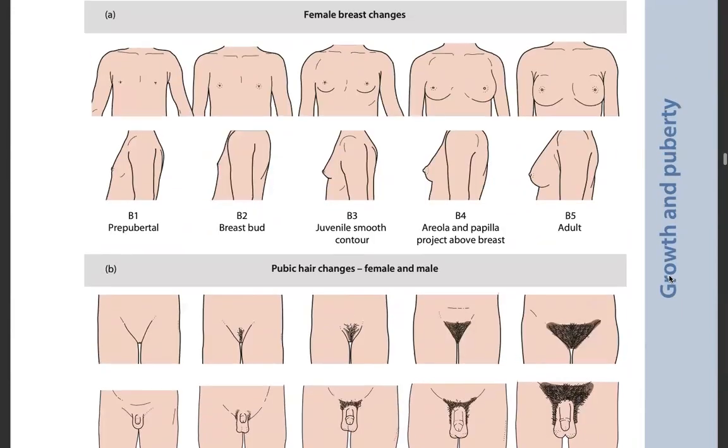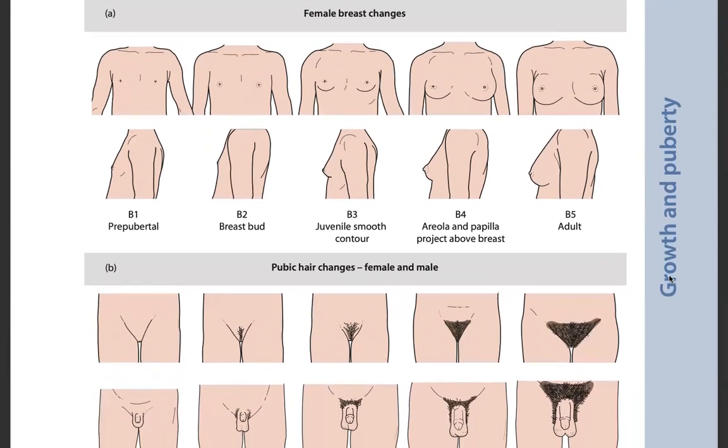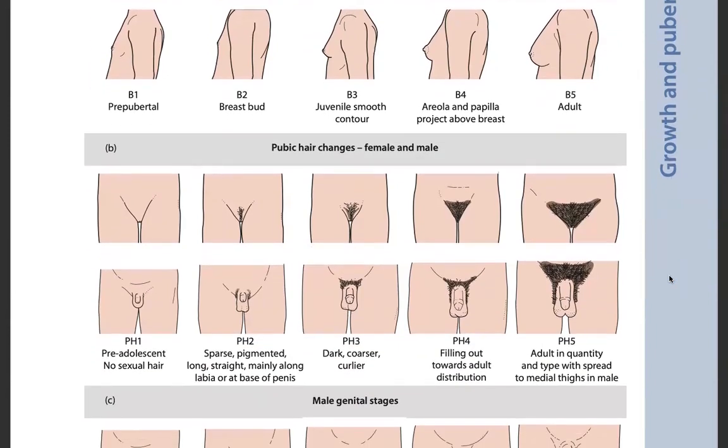These are called the Tanner staging of puberty. B1 is prepubertal, B2 is breast bud, B3 is juvenile smooth contour, B4 is areola and papilla projecting above the breast, and B5 is adult. Now, male genital stages.